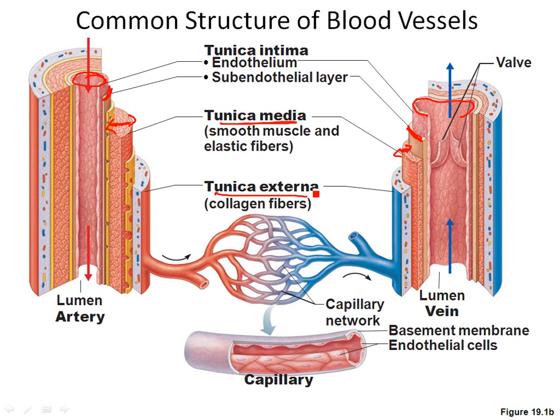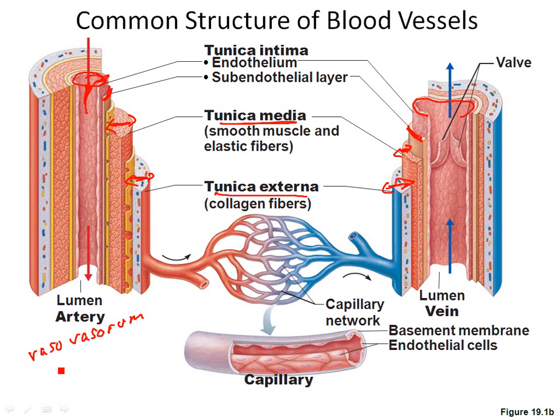And sometimes in this tunica externa, which is that outer layer right here and right here, on a larger vessel, they're not going to be able to get the nutrients and supplies they need just from diffusion from the inside of the blood flowing through these vessels. So they're going to have their own blood supply. And we call that the vasa vasorum.